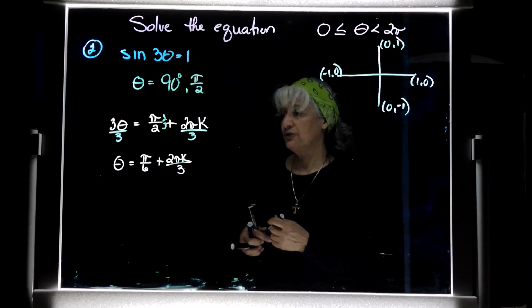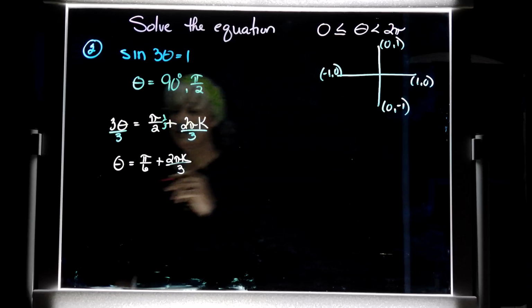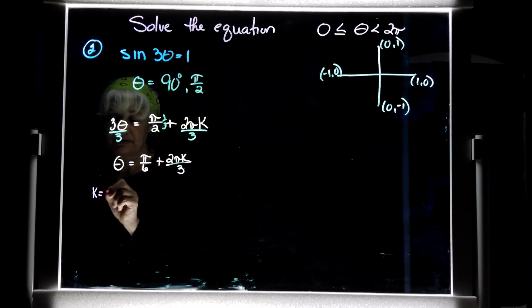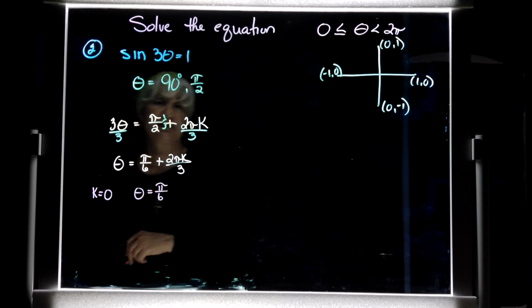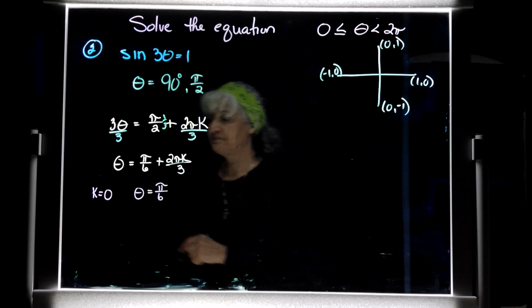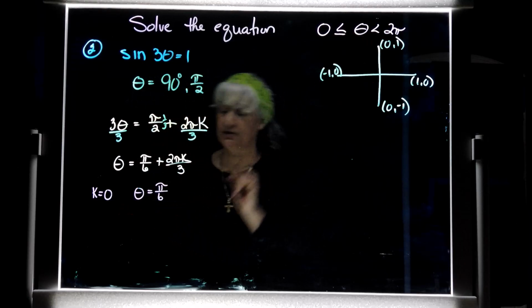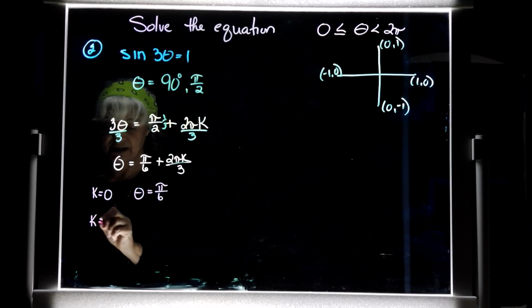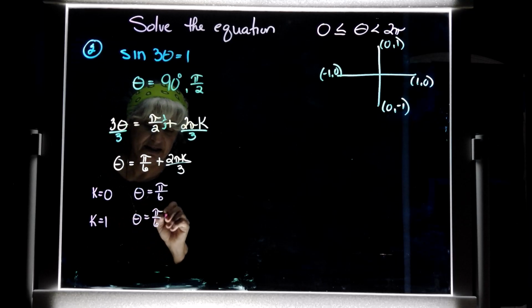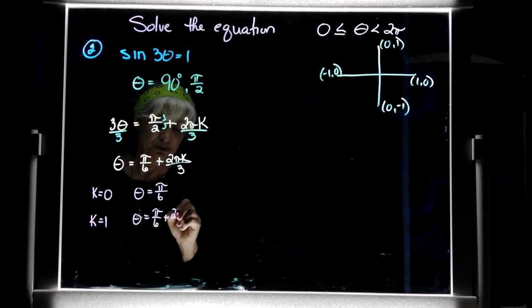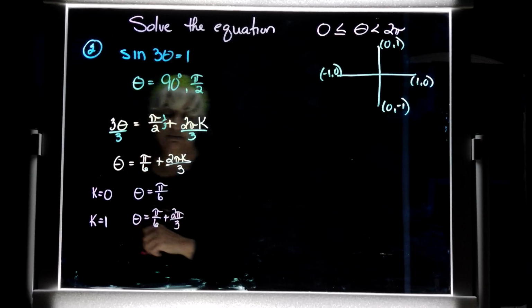We are going to allow k to be equal to 0. And when k is equal to 0, we just get pi over 6, don't we? Cool. That's under the 2 pi. We're still good. How about k equals 1? Well, you'd have to have pi over 6 and add 2 pi over 3.